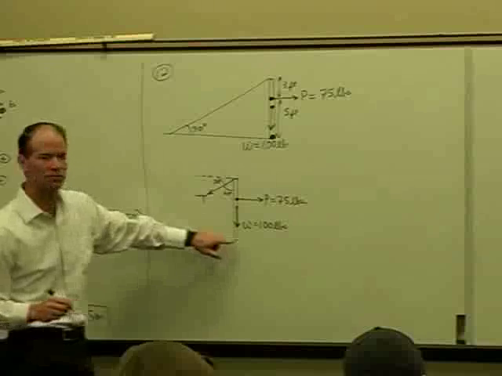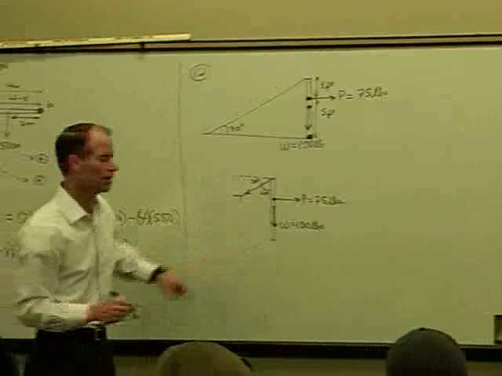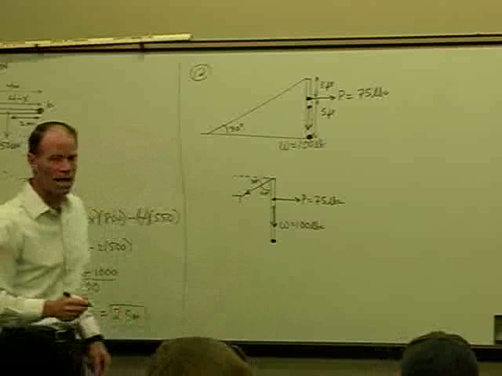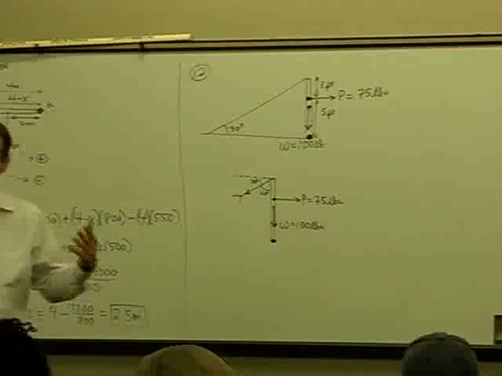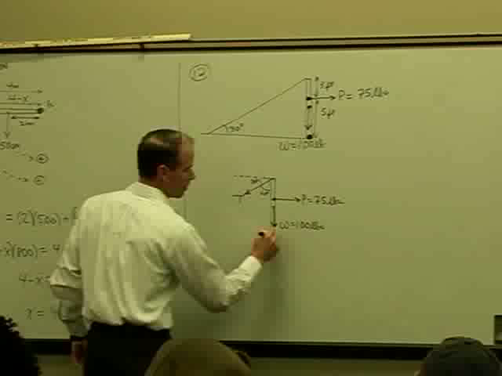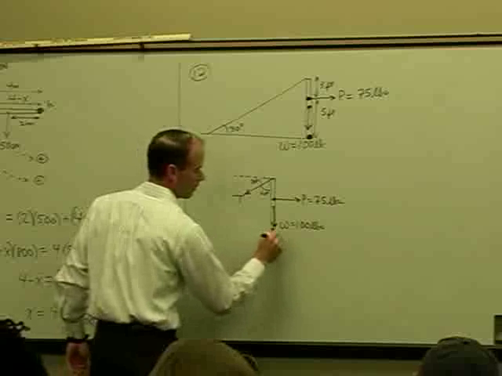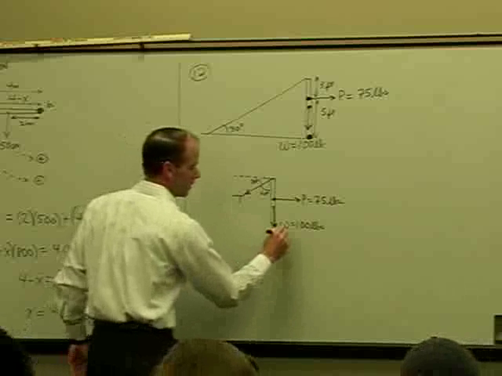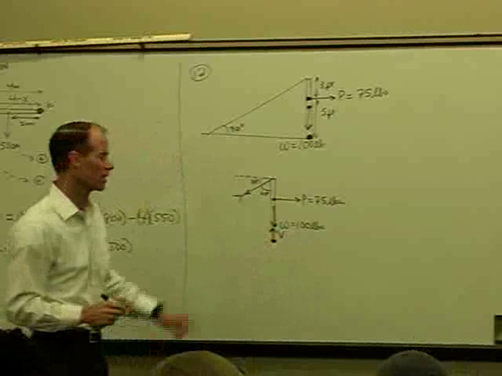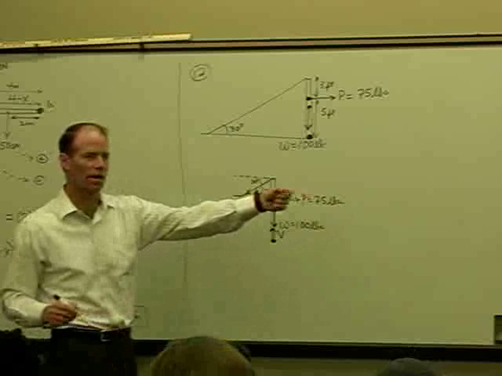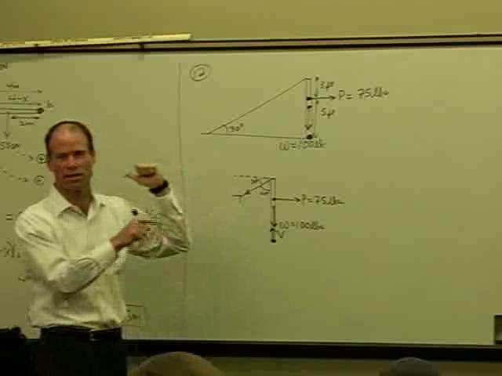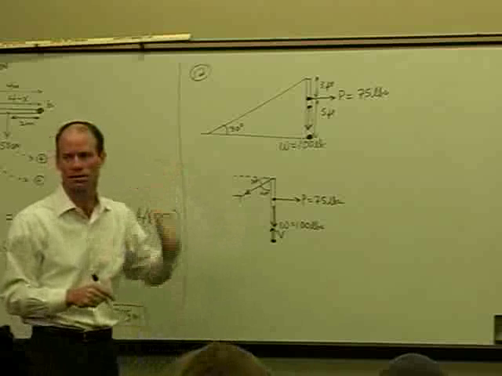I've got some kind of reaction force at the ground here, at the pivot. I don't really know which direction that reaction force is, but I know it has a vertical and a horizontal component, and the vertical component most likely will be going up, so I'm going to just call that V. And I'm not really sure which way the horizontal component is going to go, because I've got a P force going this way, and I've got a component of the tension force going that way, and I don't know which one is going to need the extra balance.